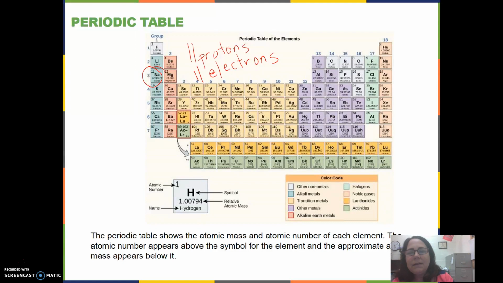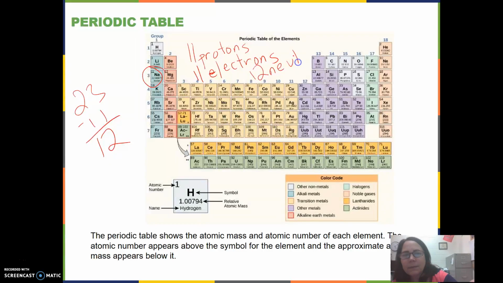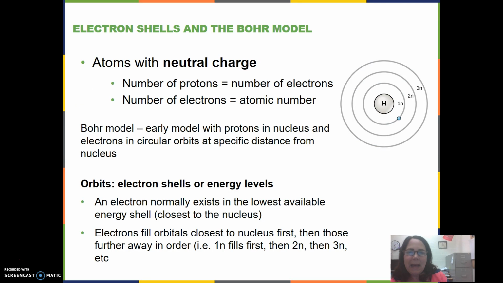Then you take the atomic mass and you round it. So 22.9 rounds to 23, and you take away 11, and that gives you 12 neutrons. So that's just one more example. There are many, many more of how you can use the periodic table to determine the number of protons, neutrons, and electrons in an atom.